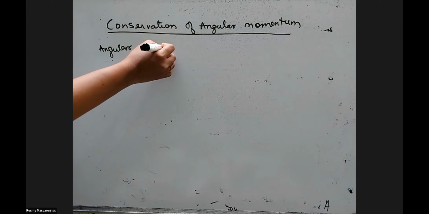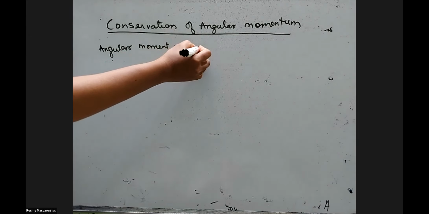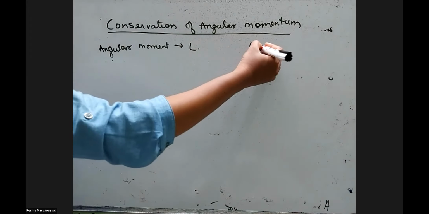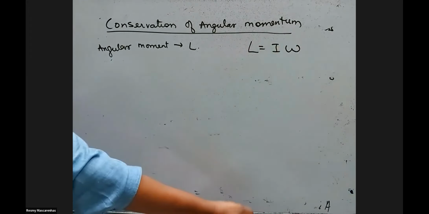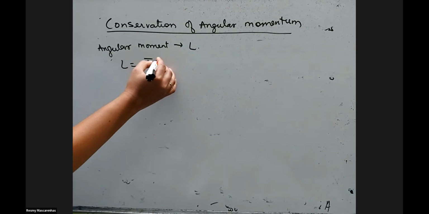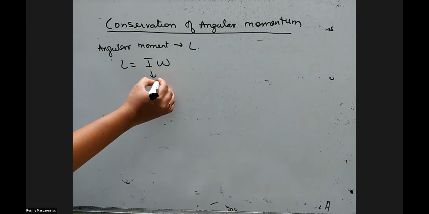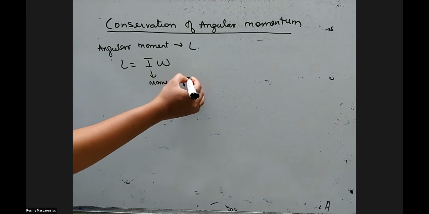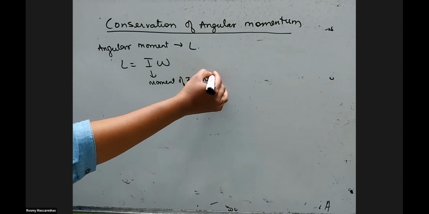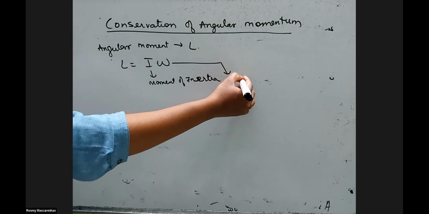Angular momentum is indicated by the letter L, where L is I into omega. I is the moment of inertia, and omega is your angular velocity.